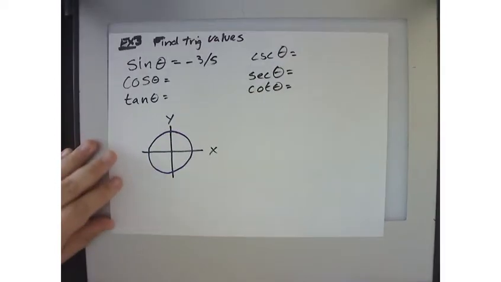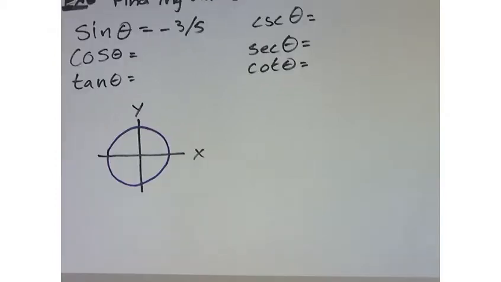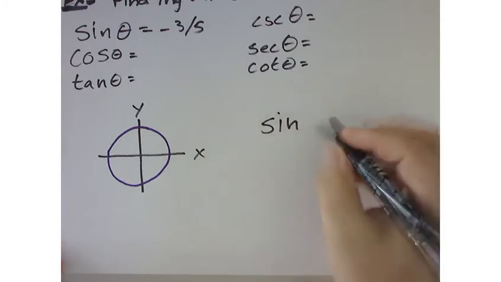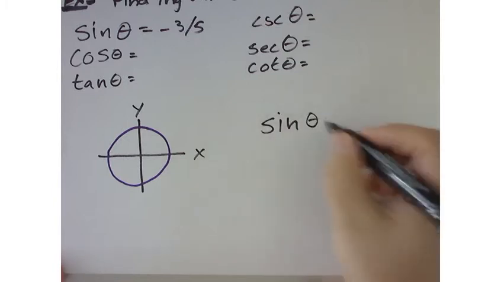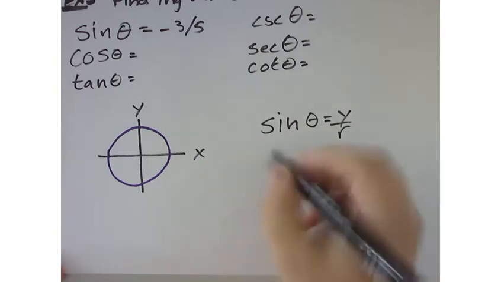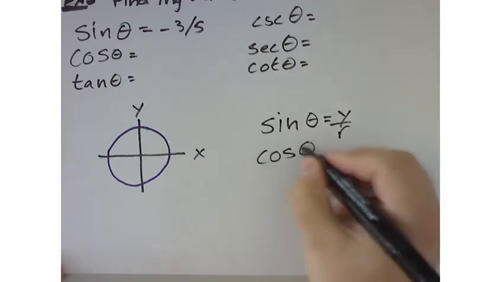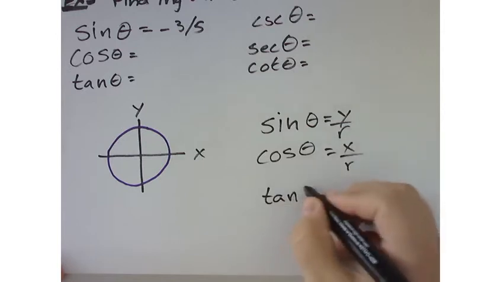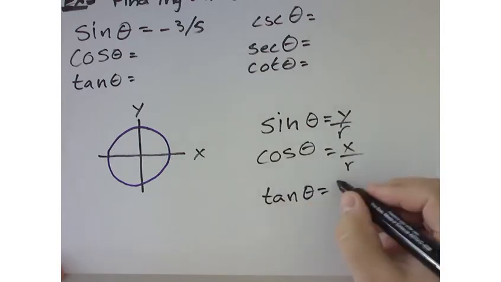And so, let's remind ourselves, on the bottom here, of when it comes to this circle in the Cartesian plane, we just took a little warm-up activity that said that sine of theta was equal to y over r. And that cosine of theta was equal to x over r. And that tangent of theta was equal to y over x.